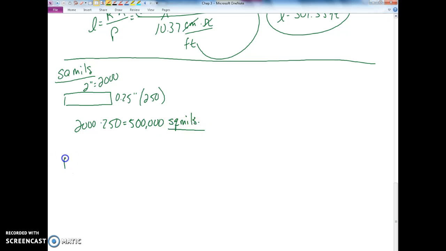But since rho is in circular mil ohms per foot, we need to convert that to circular mils rather than square mils.